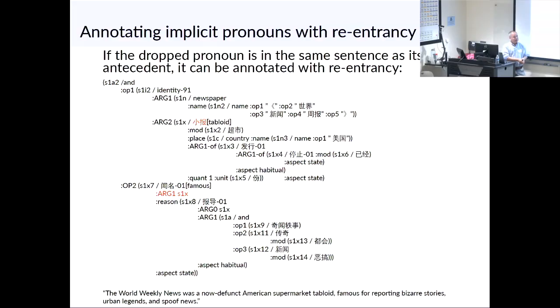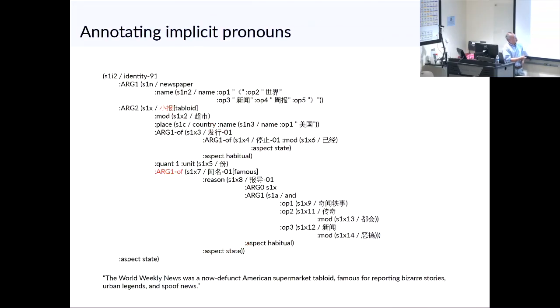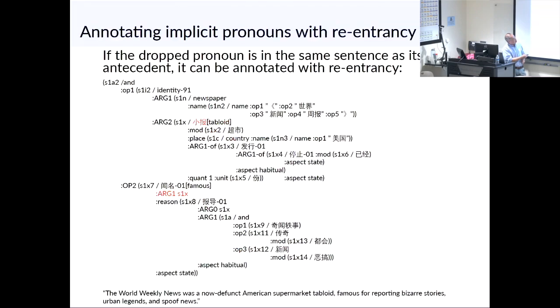So I guess part of it is that this is inherited from AMR. In AMR, they're dealing with sentence-level annotation, right? So when there is something like this, they do it this way. This is called reentrancy: you just reuse the variable in a different place.